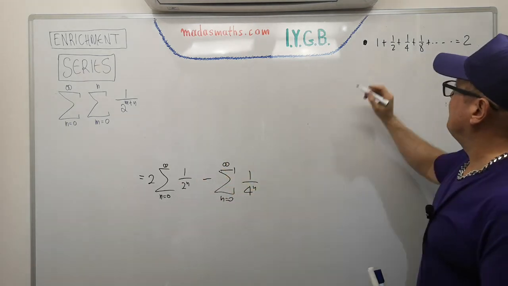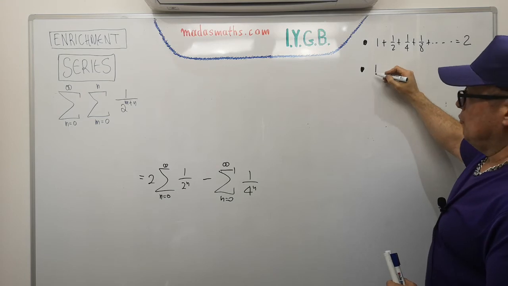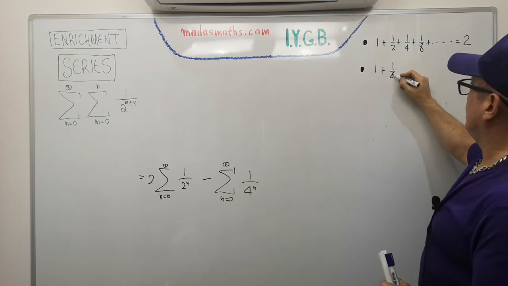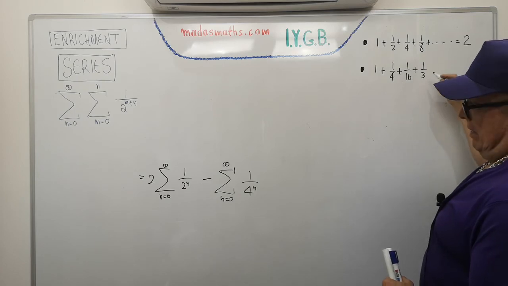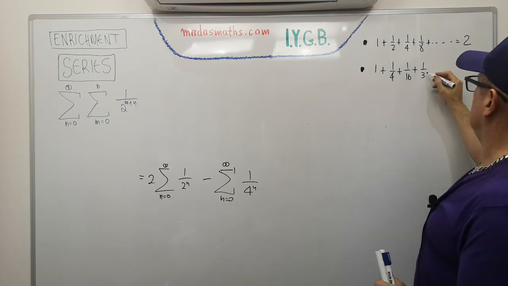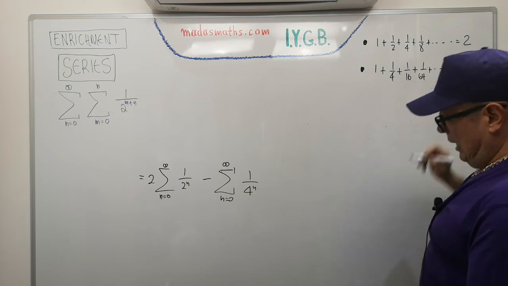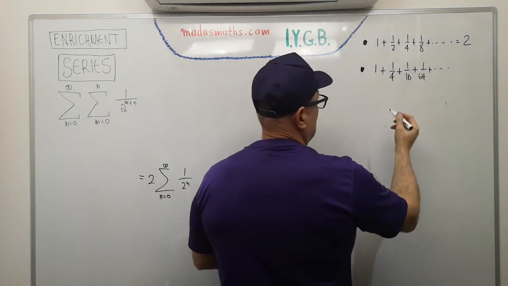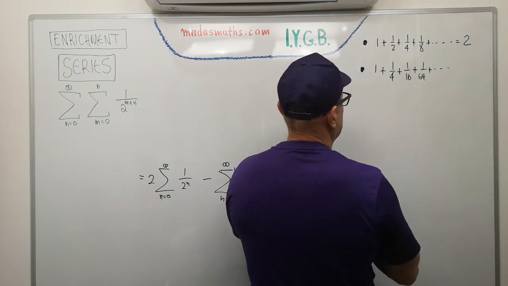Now this one here, this is going to be n equal to 0, so it's 1 plus a quarter plus 1/16, then it's 1/64, and so on. Okay, so that's another GP. For this one I'm going to use the sum to infinity. I don't know what that sums to, some ugly number of some sort.